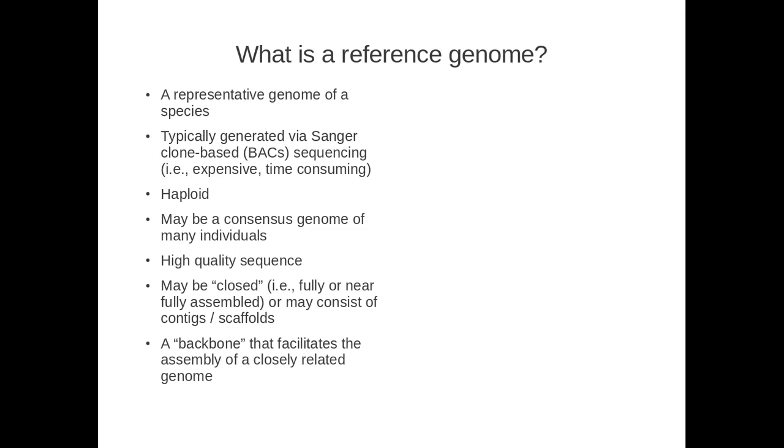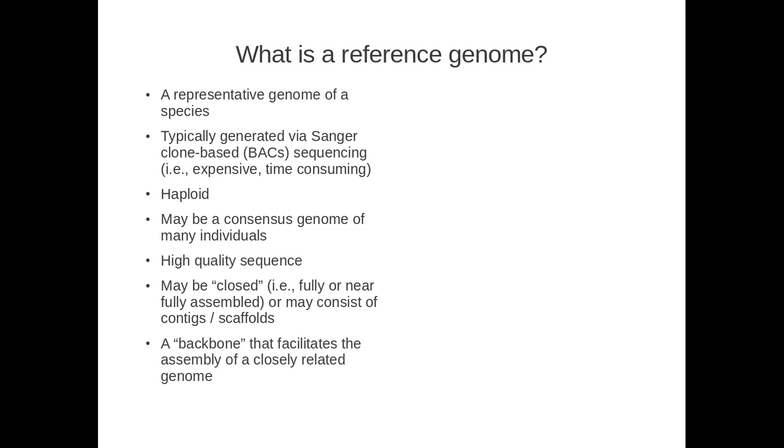So the distinction between a contig and a scaffold is a terminology you should know. Contigs are the smaller contiguous pieces of DNA, sometimes as small as 100 to many thousands of base pairs. Scaffolds are pieces that we know have linkage relationships, but there are gaps between them.